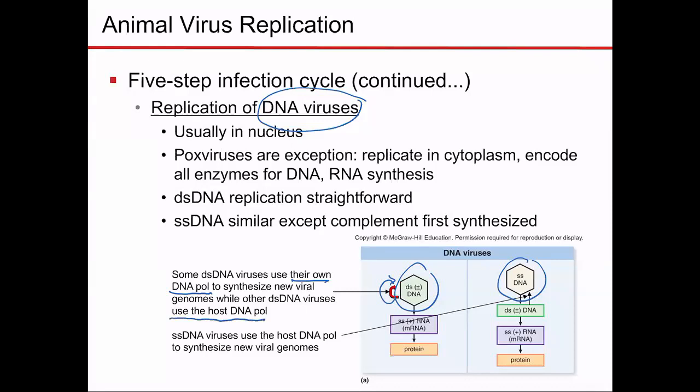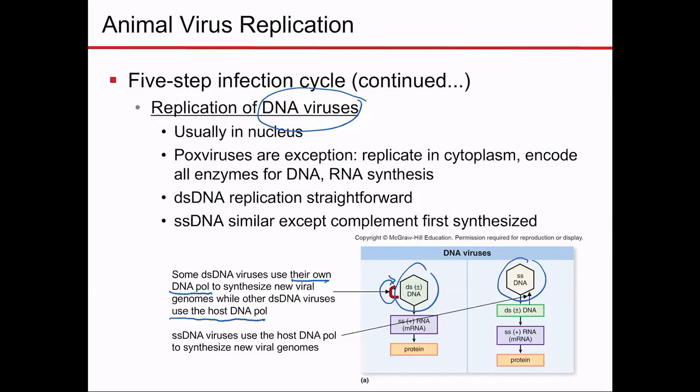So you can find both options there. That means after the virus enters the cell and the genome of the virus is released into the cell, some viruses may bring their own DNA polymerase and start the replication of that genome right away. Other viruses may use the host DNA polymerase to replicate.